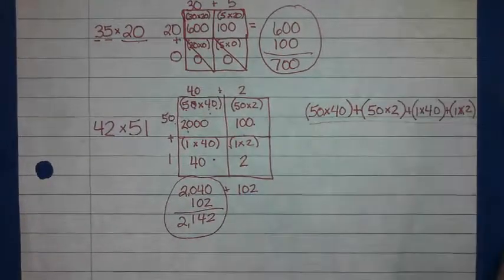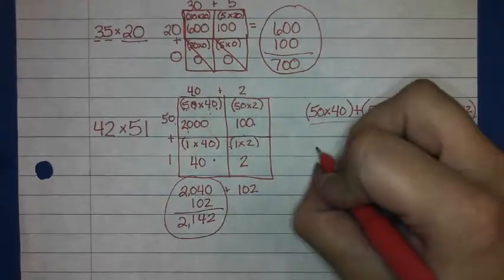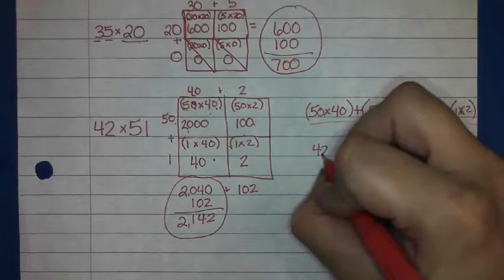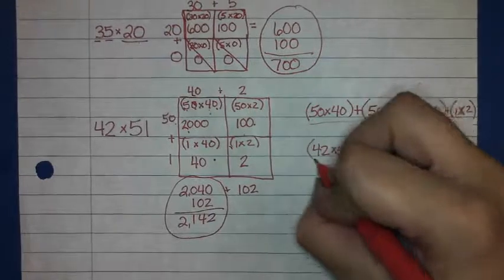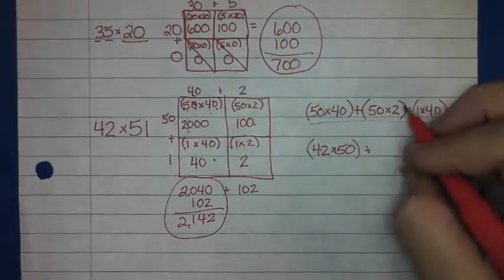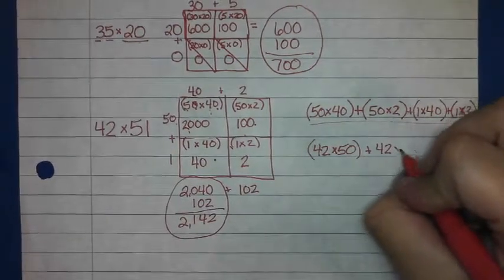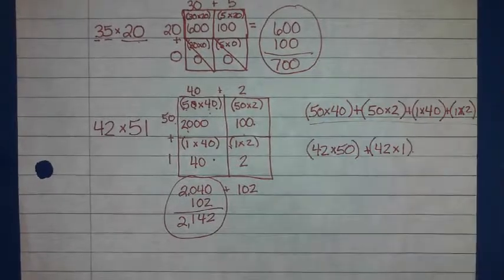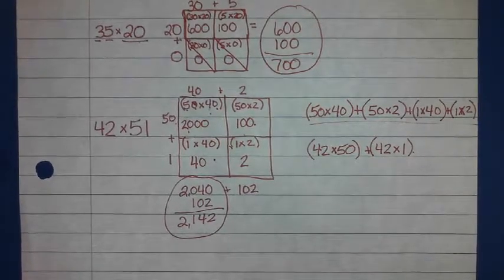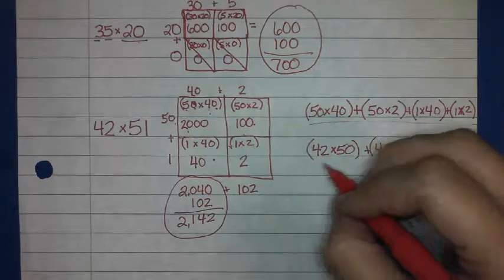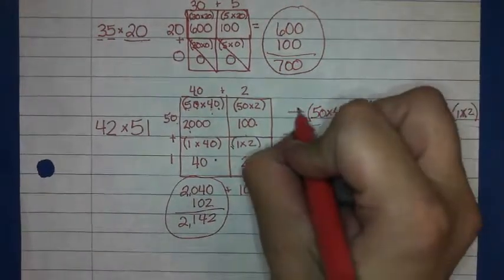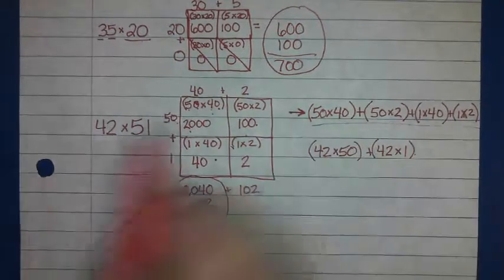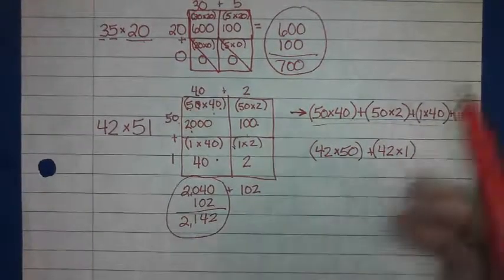They might see it as 42 times 50 plus 42 times 1. They can see it distributed a different way, but as long as they have the basic idea of how to get this equation from their equations in their boxes, they should be fine.